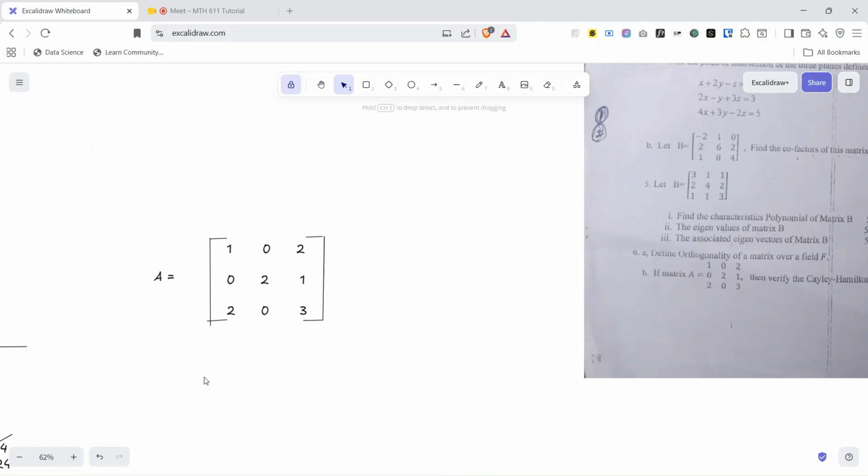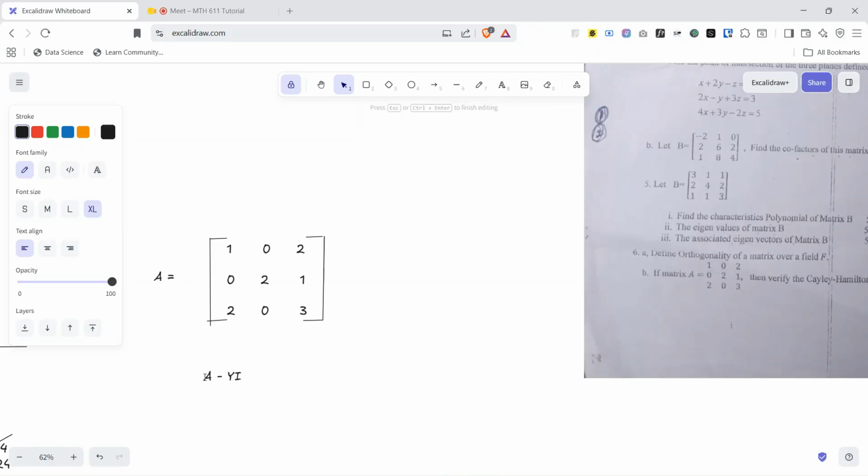So for Cayley-Hamilton, that would be A minus alpha I equals 0. So that is what we want to verify, that this will be equal to 0.